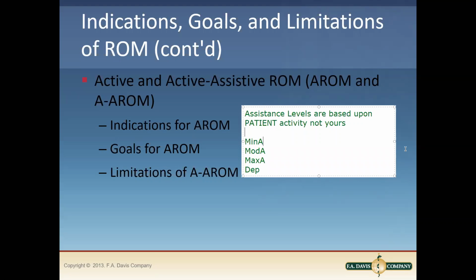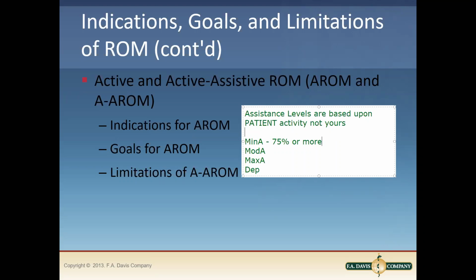Does anyone have a guess for min assist? How much work is the patient doing? So remember, min assist is how much the patient's doing. Good, you're getting closer with the 90, right? So typically you're going to see min assist is the patient doing 75% or more.